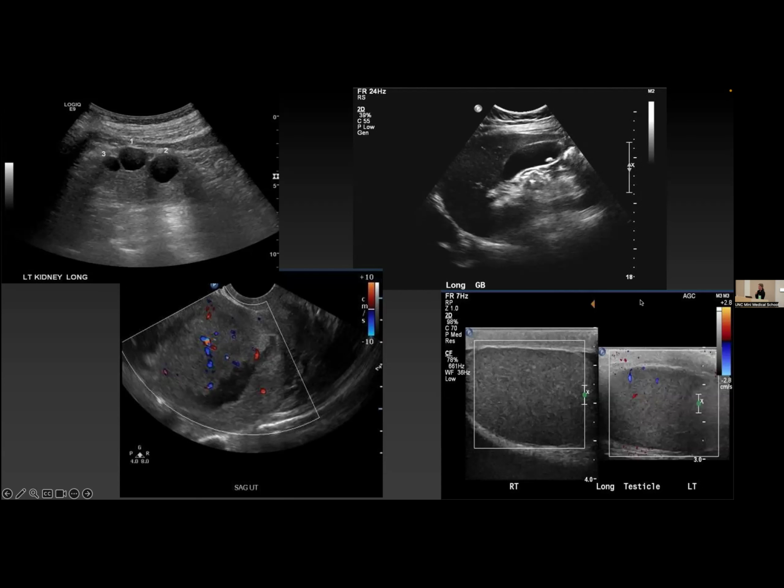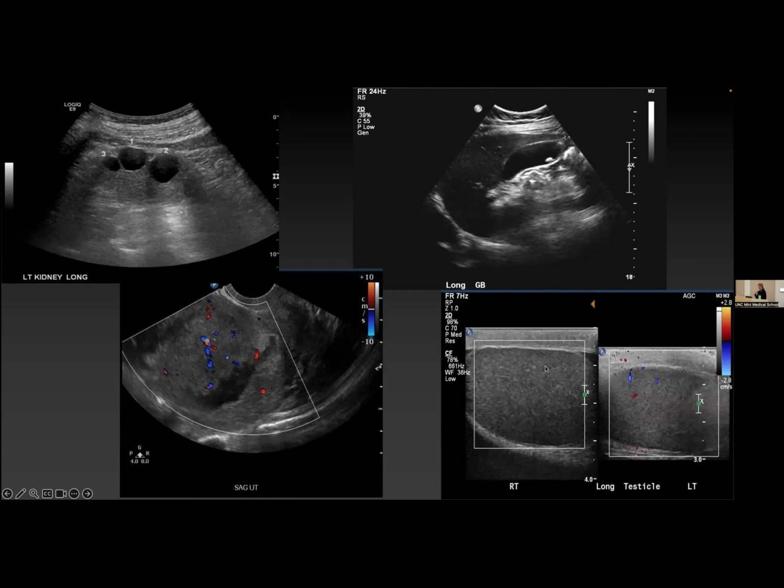And then we can use this in acute imaging. In the emergency room, you have a patient that comes in with scrotal pain, and you need to know, do they have a torsed testicle or a torsed ovary? That's a surgical emergency. So we can make the diagnosis immediately by saying, one side has flow.